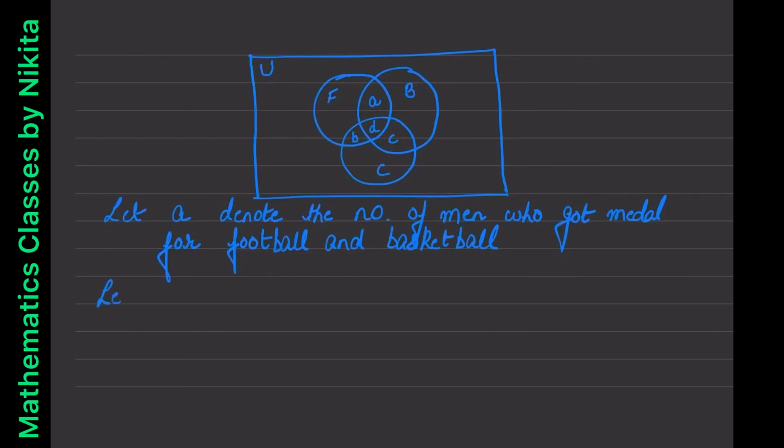Let small b denote the number of men who got medal for football and cricket.